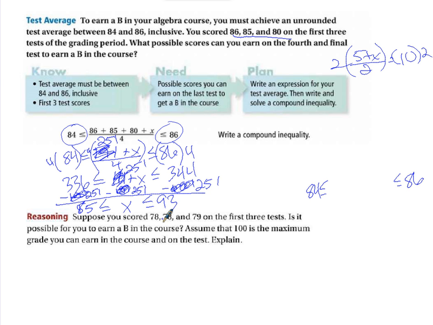We have 78, 78, 79, and what's the 4th one? No, 100 is the maximum score you can get. The 4th one is going to be X. So we have 78 plus 78 plus 79 plus X over 4, because we're trying to find the average. So now we have 84 less than or equal to what plus X over 4?